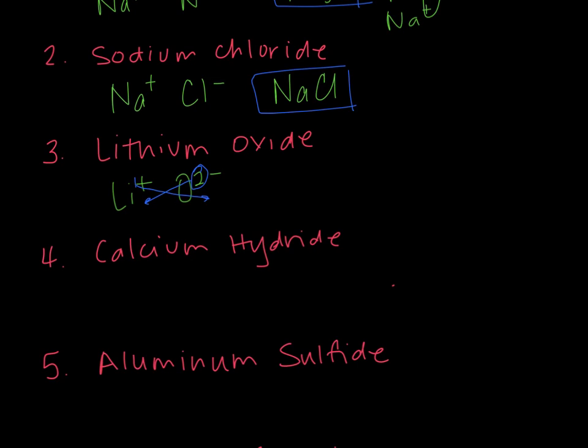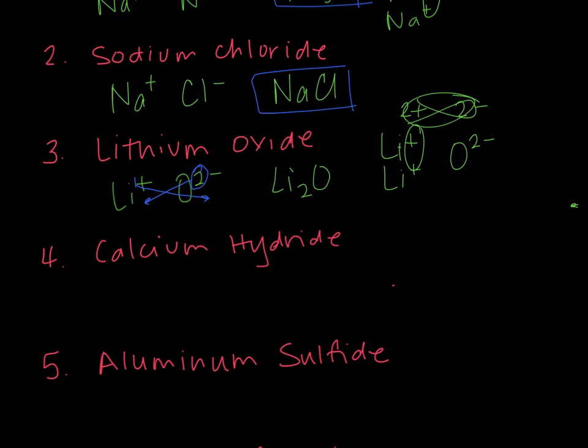That's just an easier way to balance out the charges. Okay, so if you did that, then you would end up with Li2O, which is the same thing you would have gotten, because remember, if you have 2 Li pluses and 1 O2 negative, then the 2 negatives here balance out the 2 positives right here, so they cancel out.